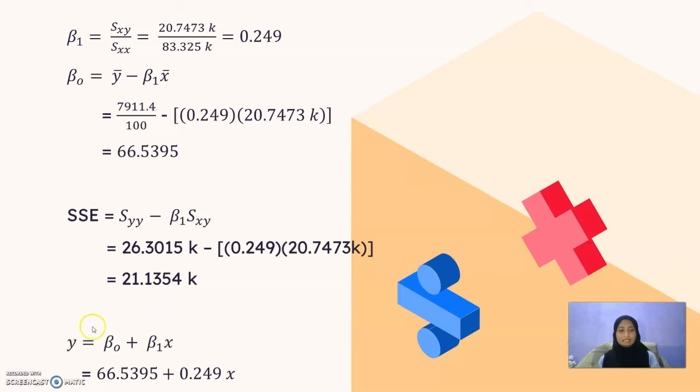And then this is the simple linear regression. We substitute the value of beta 0 and the value of beta 1, and we get y equals 66.5395 plus 0.249x.